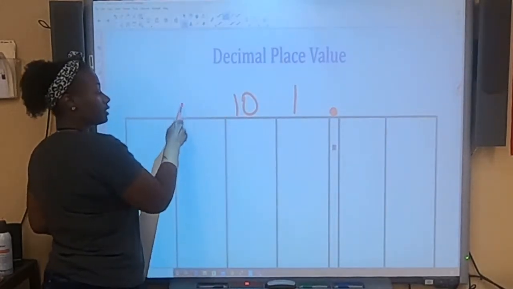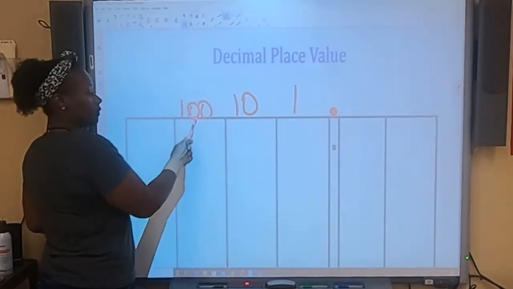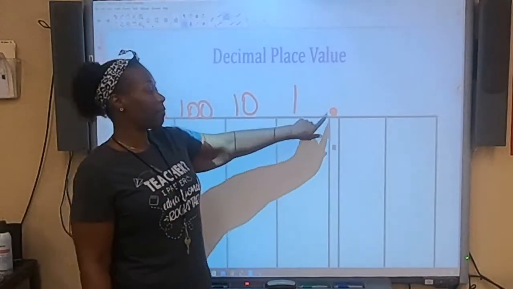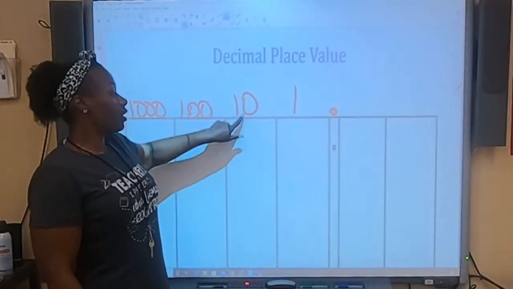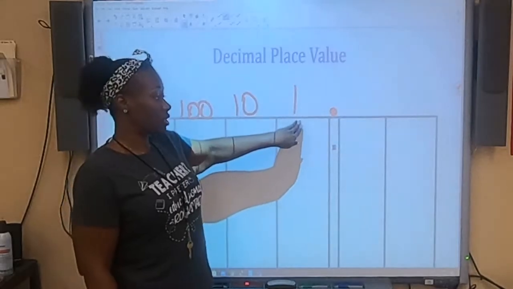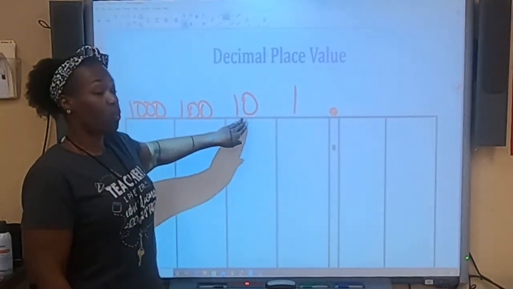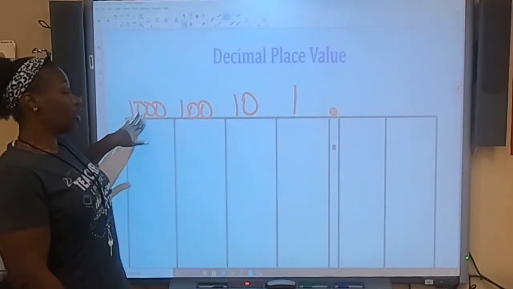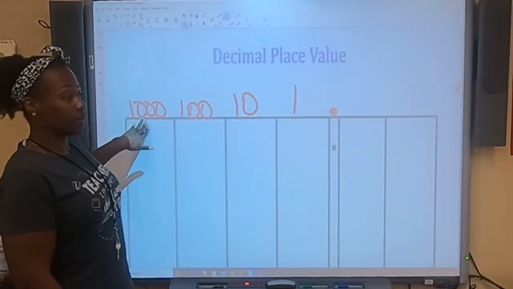Right in front of it is the hundreds place. And right in front of it is the thousands place. Notice the pattern. The further I move away from the decimal, the more zeros I add. Notice no zeros in the ones place. 1 zero in the tens place. 2 zeros in the hundreds place. 3 zeros in the thousands place.